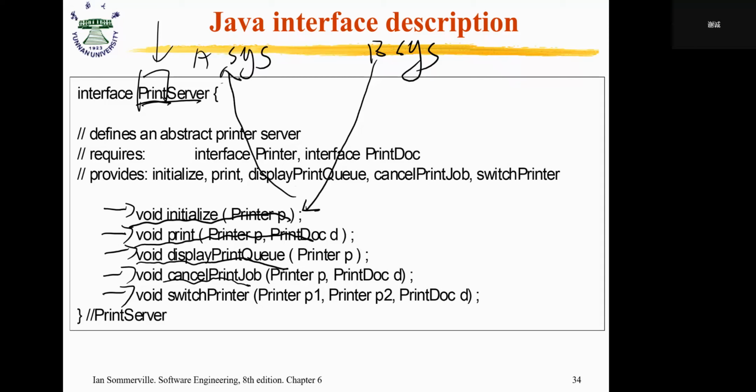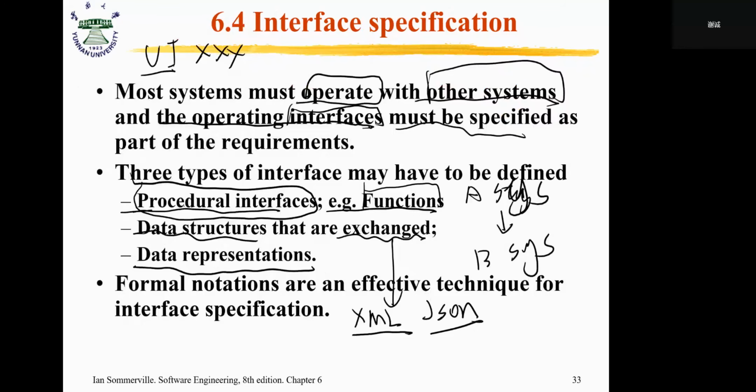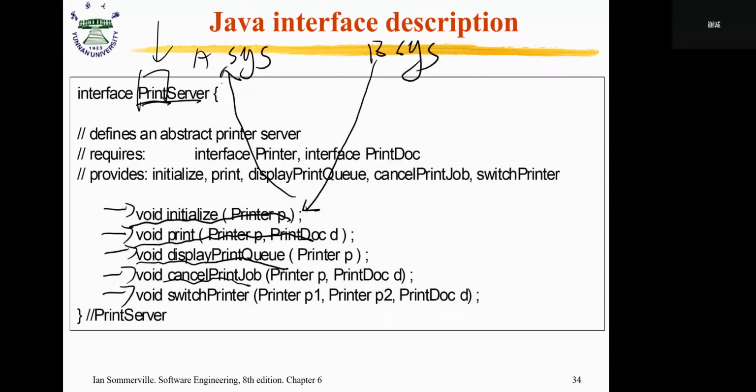This is a very classical procedural interface defined by the interface specification. Different languages have different ways. You needn't use a specific programming language.